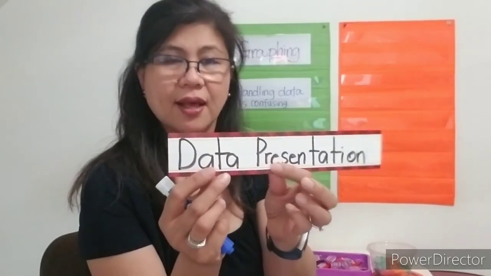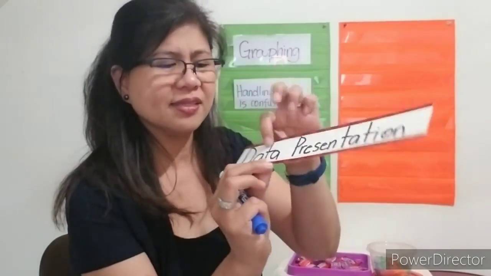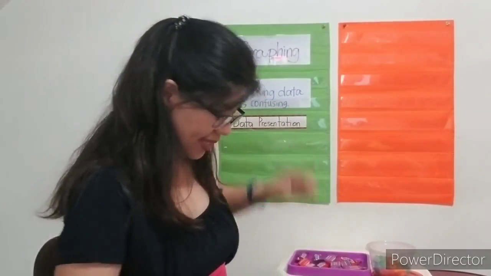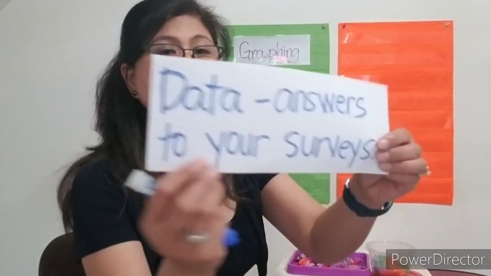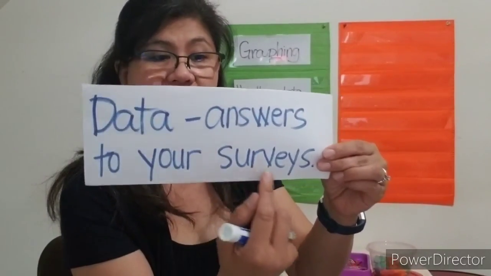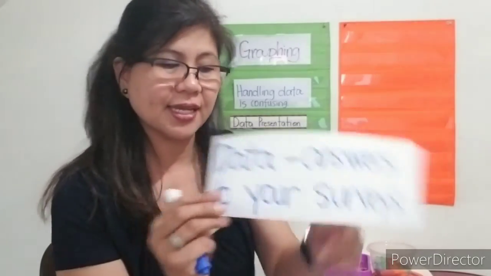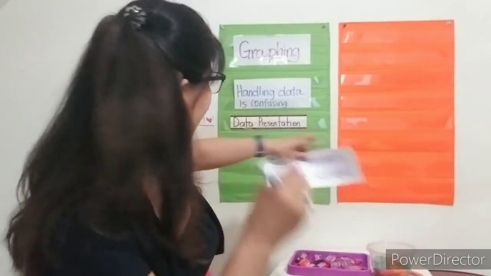Okay, and how are we going to present our data? Too many questions here, Mrs. Santa Ana. Data. What is data again? Okay, so data are the answers to your questions, or to your survey. Survey is like a questionnaire or a set of questions given to people, and that's how we collect the data that we will need in our graph, okay?